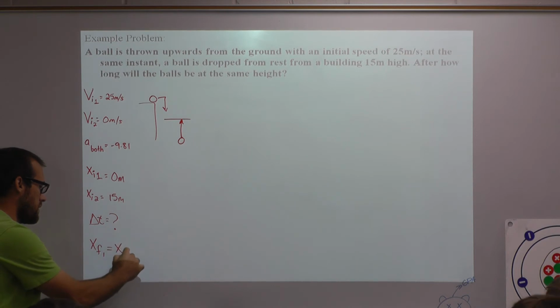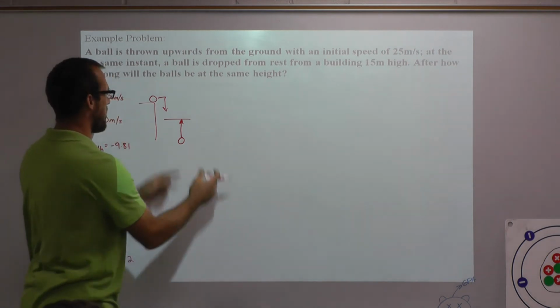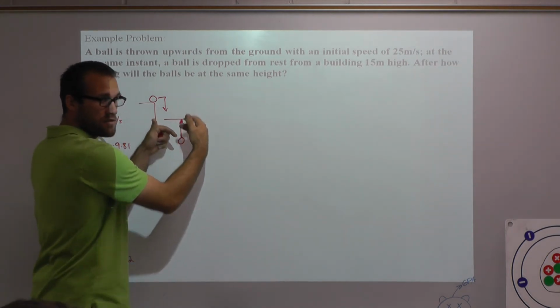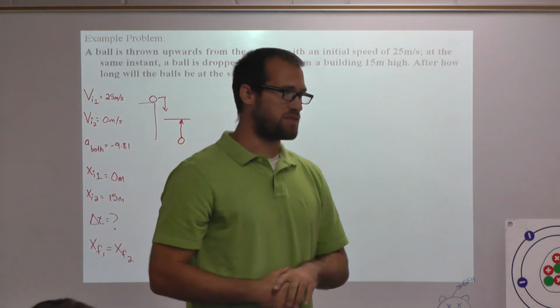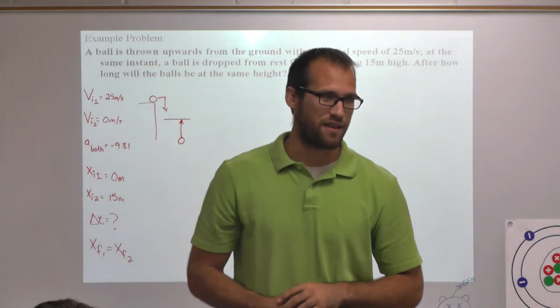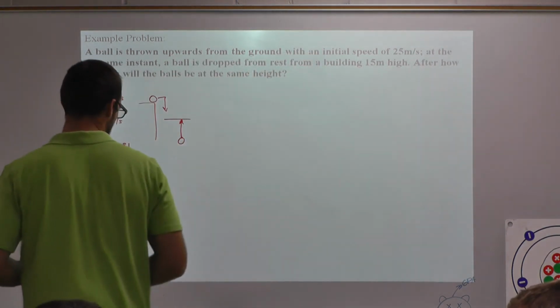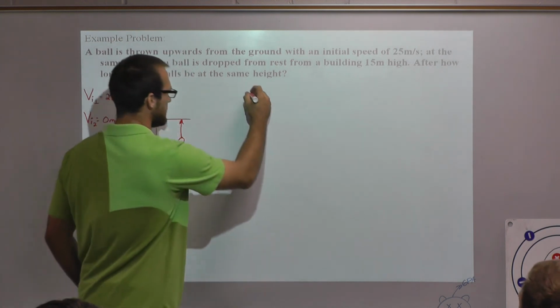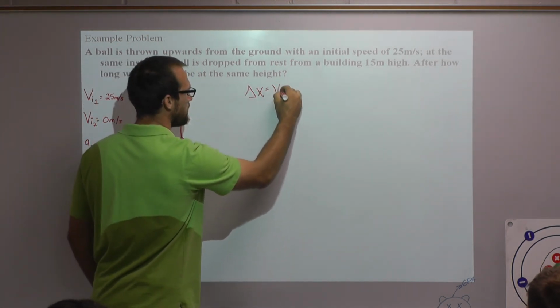They want to know at what time they are at the same height, so their final height should be the same. The reason we need to know that is because we're going to get rid of that variable. Just for time purposes, I'll give you the equation we need here.